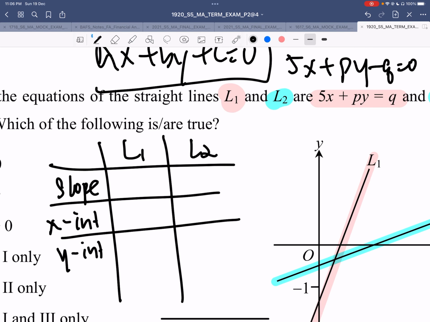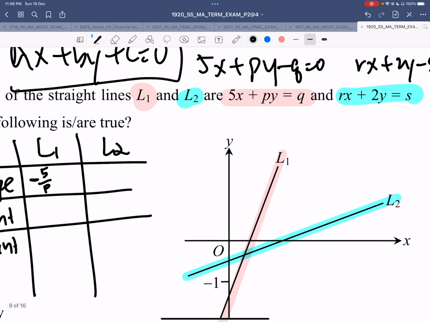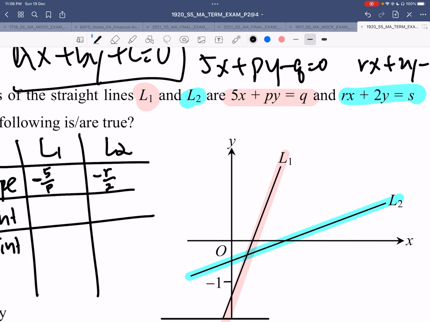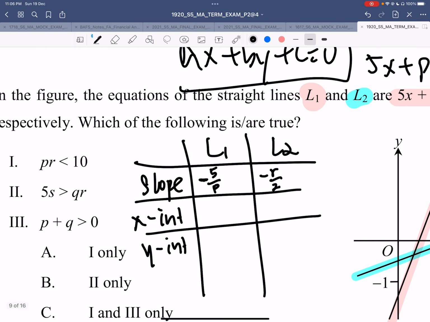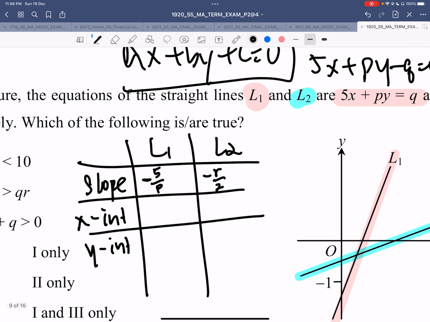Okay, so the slope is negative a over b, right? Means the slope of L1 is negative 5 over p. Slope of L2, negative r over 2. Okay, so x-intercept, negative c over a.